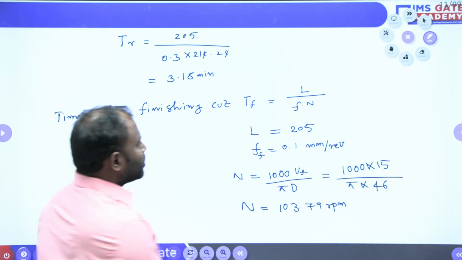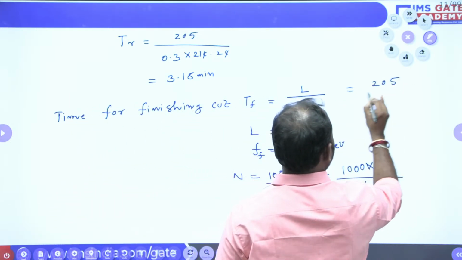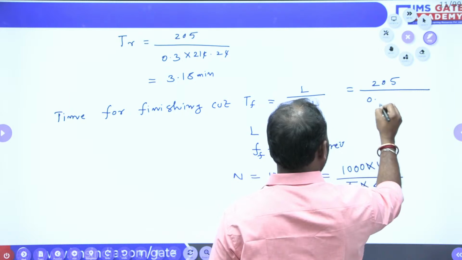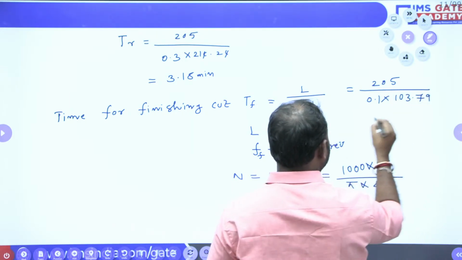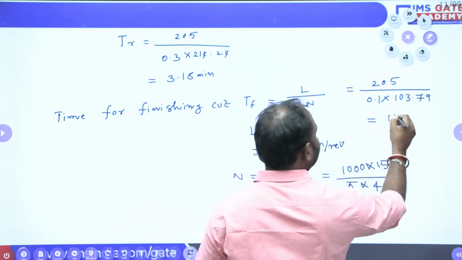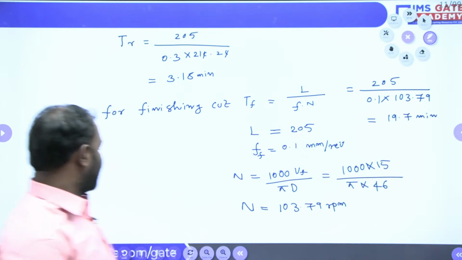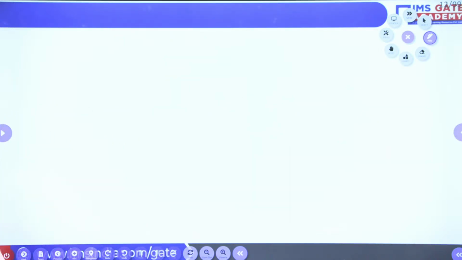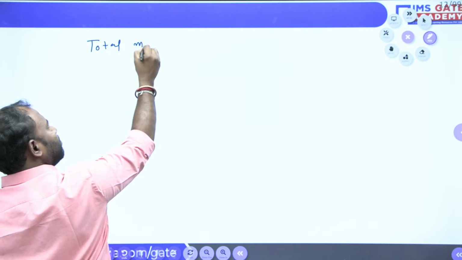Okay, now let us substitute all these values. 205 divided by 0.1 into 103.79, such that you are going to get 19.7 minutes. Now total machining time.